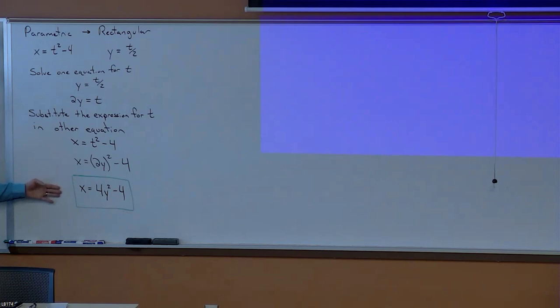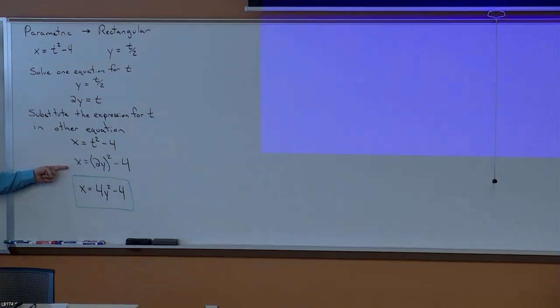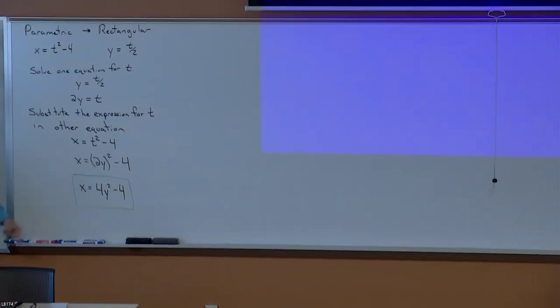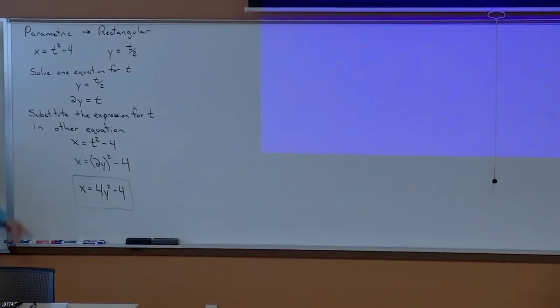I think Moodle actually even recognizes this one, with the 2y in parentheses squared. I like to, on the board, multiply that out, get 4y squared, but you don't have to.